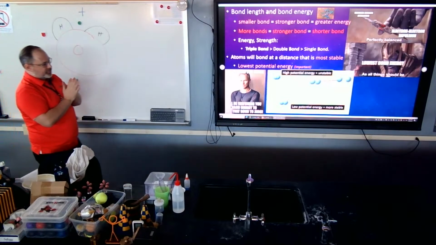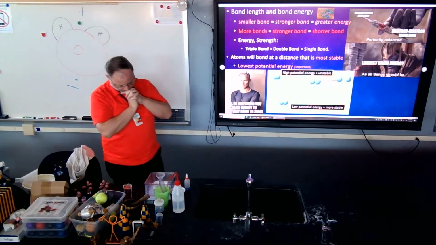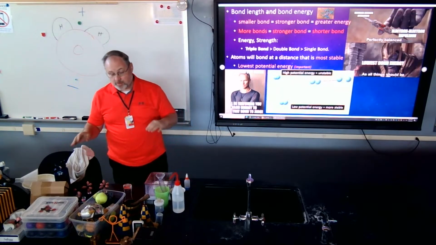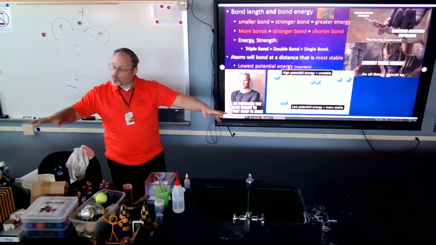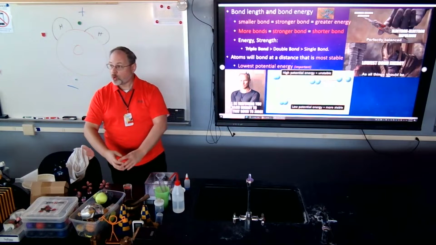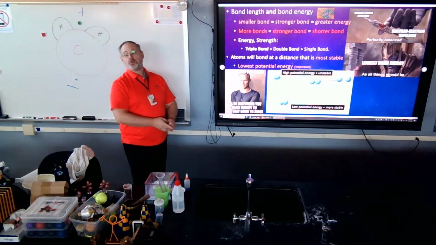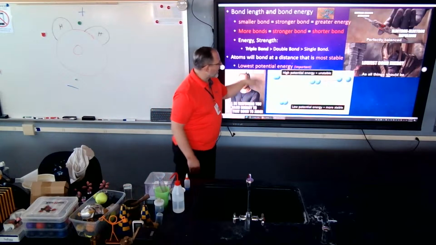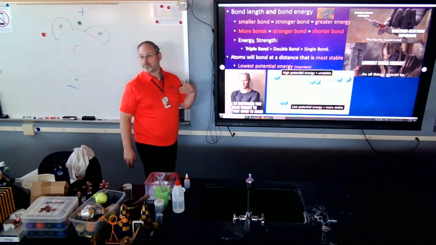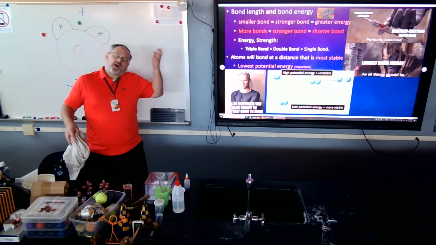They basically had to have a 0 point. So they basically said zero energy means unbonded atoms all by themselves. When you bond, you bring them into a low potential energy state. If you break the bond, then you have to put energy in to get them back up to a zero energy state, which is a high energy.